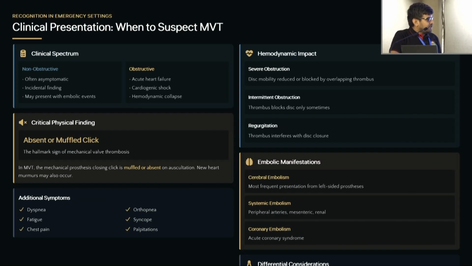As you all know, the most common embolic manifestation is cerebral thromboembolism secondary to the thrombus present. The patient might have a systemic embolism, such as thrombus to the peripheral arteries and the mesenteric and renal arteries, and coronary embolism, where the patient may have an acute MI.